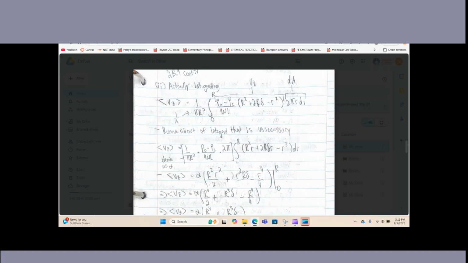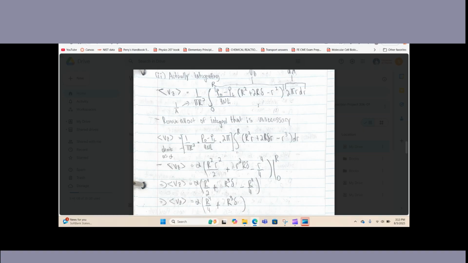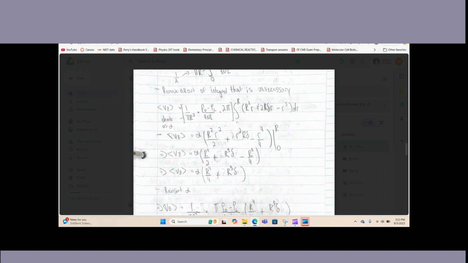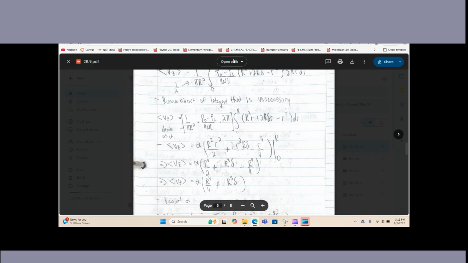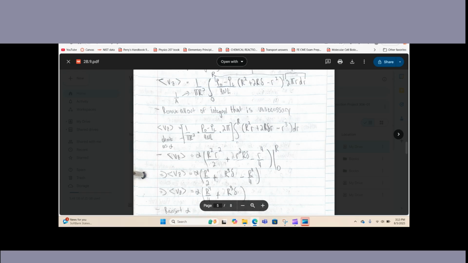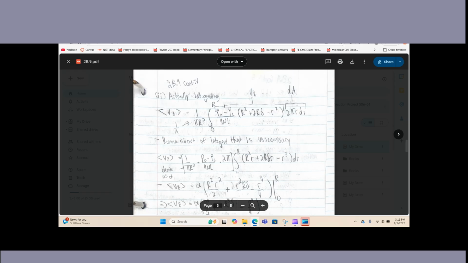So I would just not try. To be honest, it's not that much of an increased hassle. And if you're unsure about this process, I would just say don't even do it. You don't have to take these terms out of the integral. It just might make the integration a little more clunky.